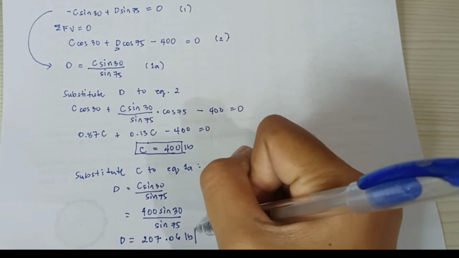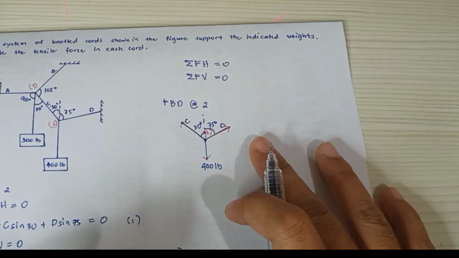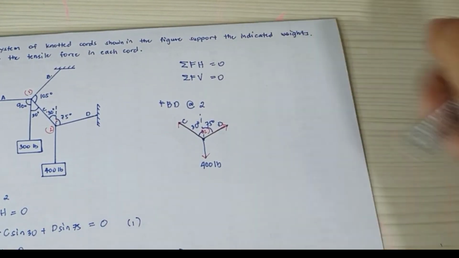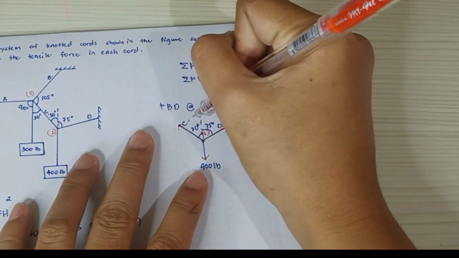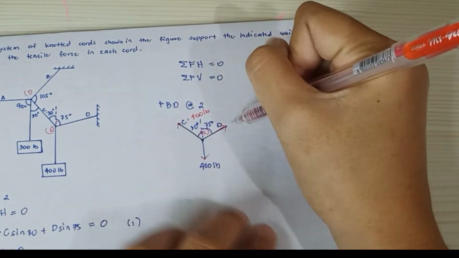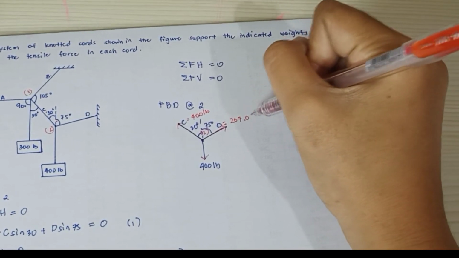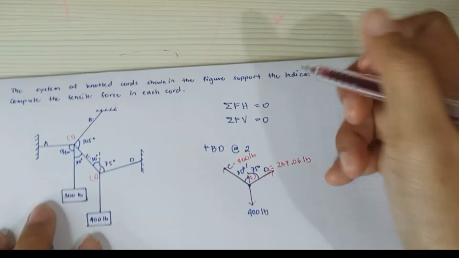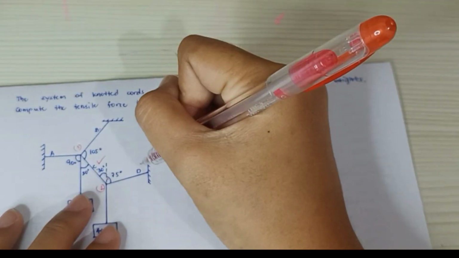So, going back sa ating diagram, meron na tayong value dito na C, which is 400 pounds, and D is equal to 207.06 pounds. So, here, meron na tayong value ng C, value ng D.